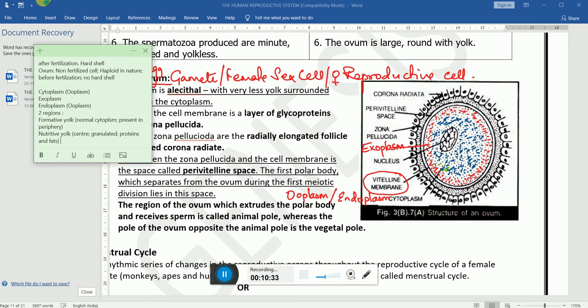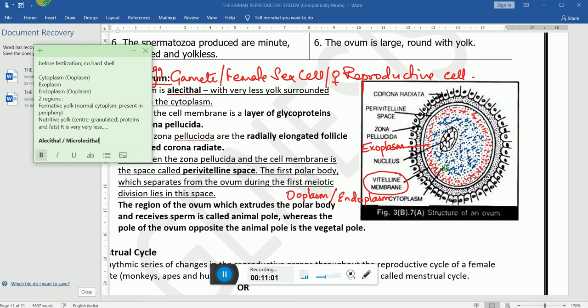It is very less in amount, and because it is very less in amount, the human egg is called alecithal, students. So this term you will remember. Also we can call this egg microlecithal.